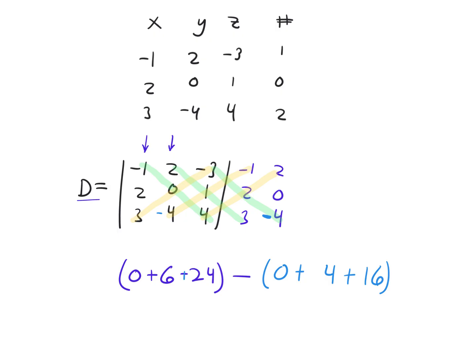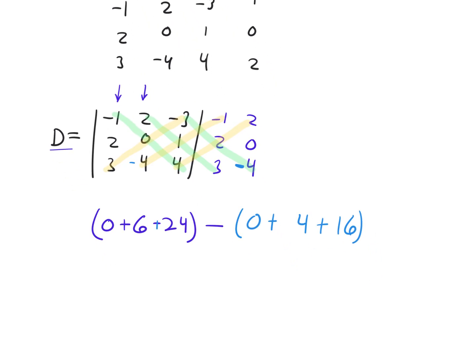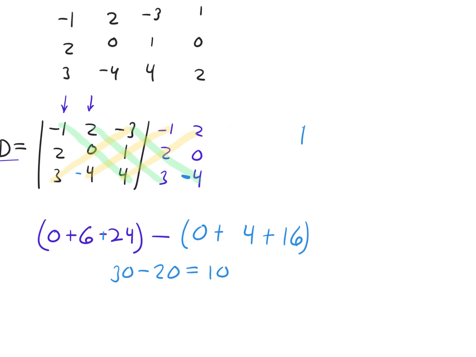Plus 24. Is it still plus 16? Yes. Okay, that's fine. Okay, sorry about that. 30 minus, and then 4 plus 16 is 20. So 10. All right, so then capital D is 10.